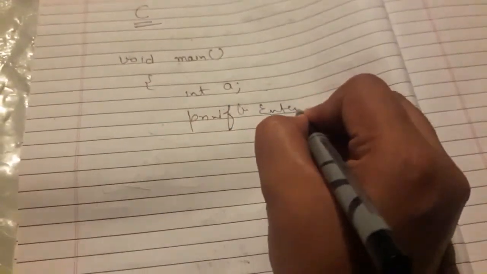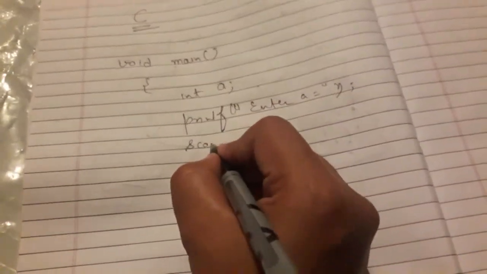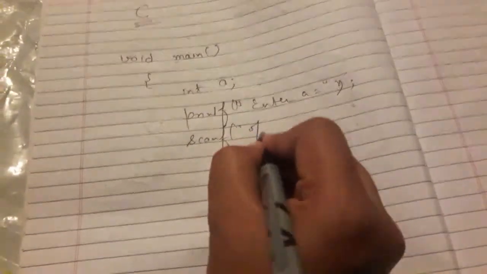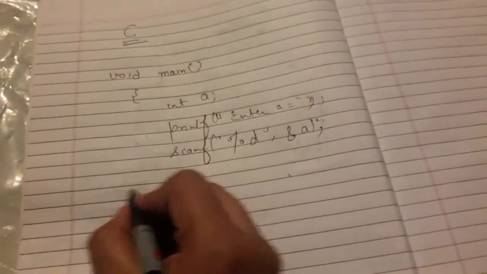Void main, int a, printf "enter a", scanf "%d", address of a.